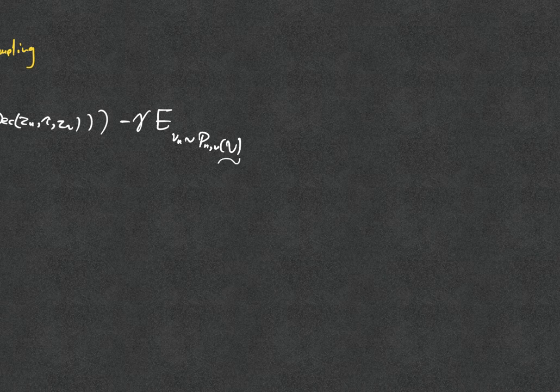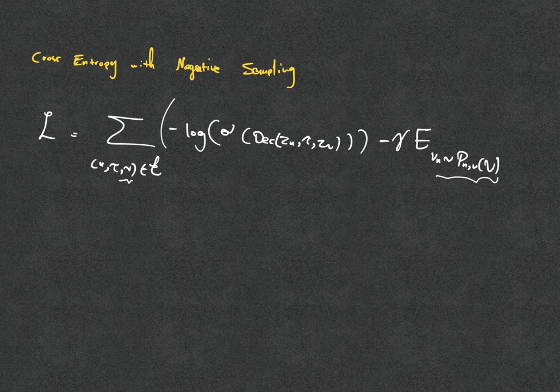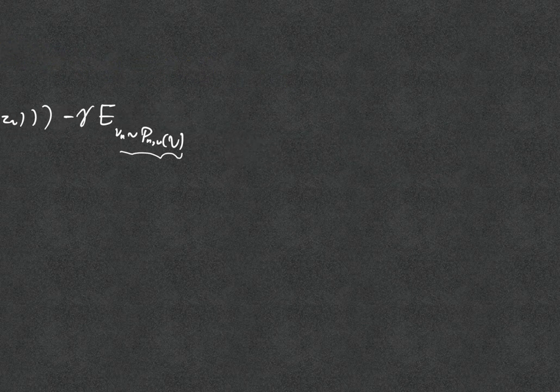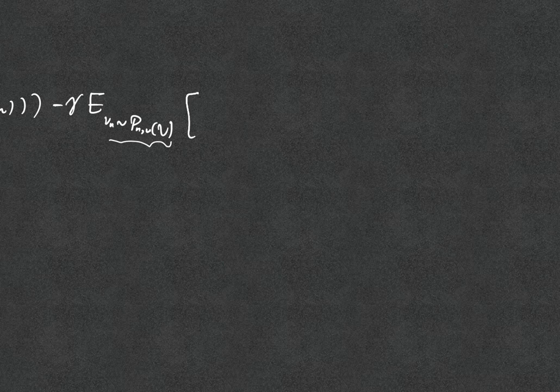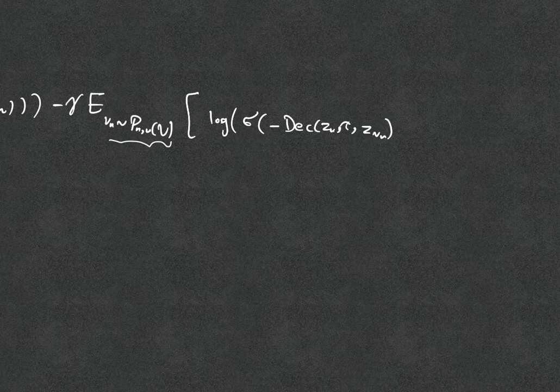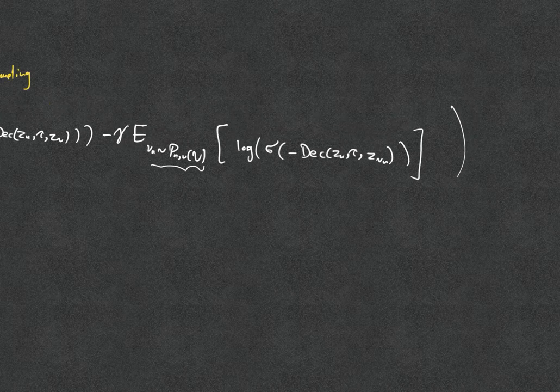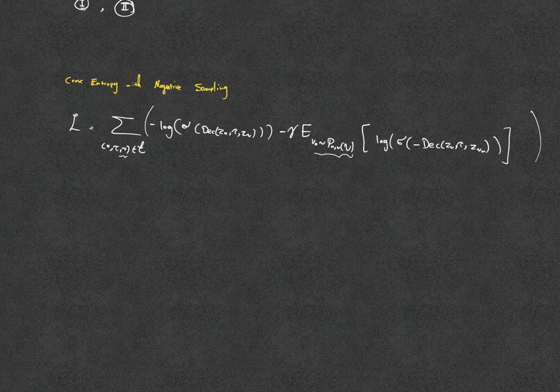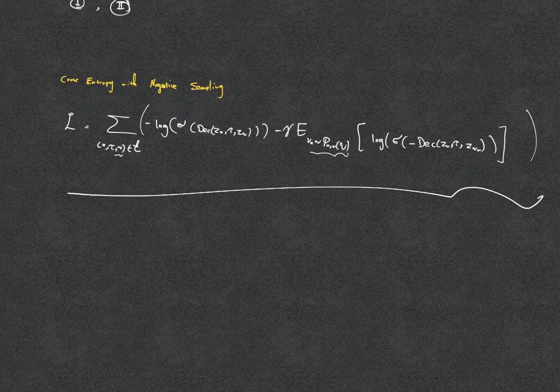This means sampling negative examples, for example for the tail node of these edges. And for these, we want to have this term with the negative sign. Essentially, this is the loss that we are going to have.